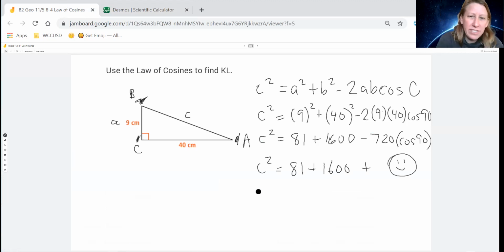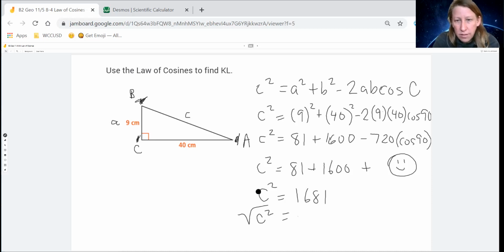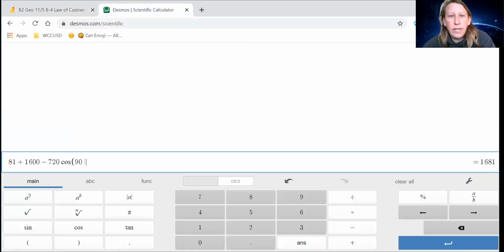So are you guys seeing, do you see why I chose this problem yet? Anyone? 1681. Okay, what are we going to do? We're going to square root both sides. I'm going to square root c squared, square root 1681. Square root of c squared is c, and it's geometry class, so we're not worried about the negative square roots.